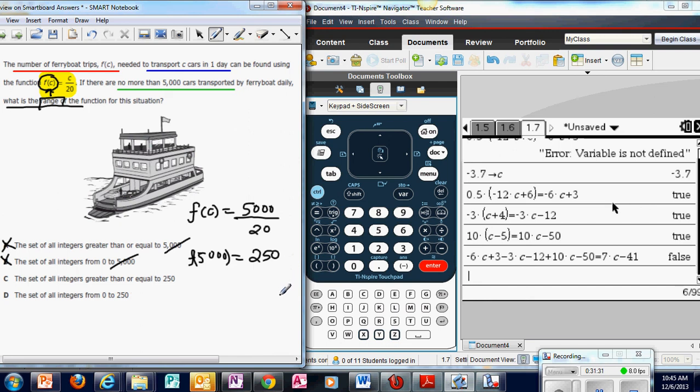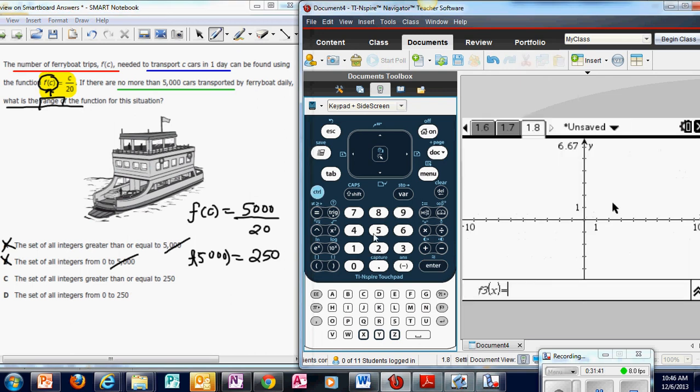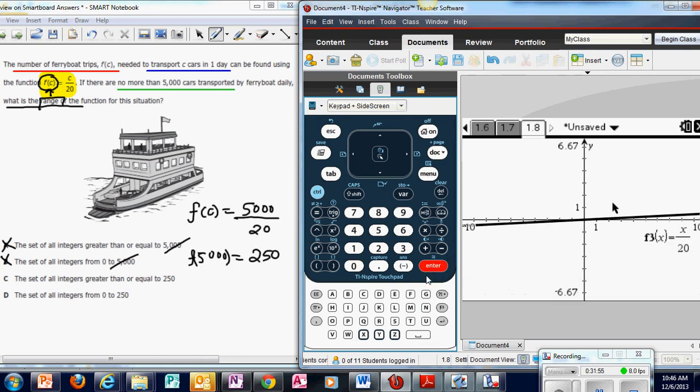If I'm unsure, the only way I'm going to really utilize the calculator here is to get a quick visual. So I'm going to insert a graph, Control I, graphs are 2, and I am going to graph this function. Instead of a c, I'm going to type x divided by 20. Now, this doesn't show me a lot because we're working with some big numbers here.